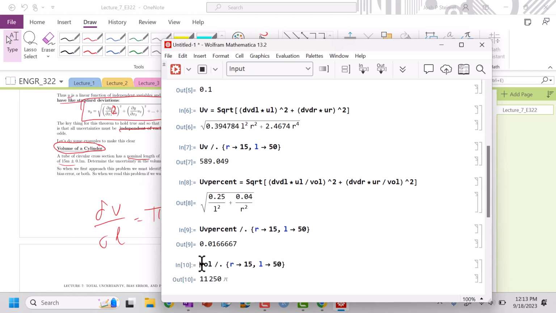And that's my total volume. But if I multiply here, then you see the match. So there you go.